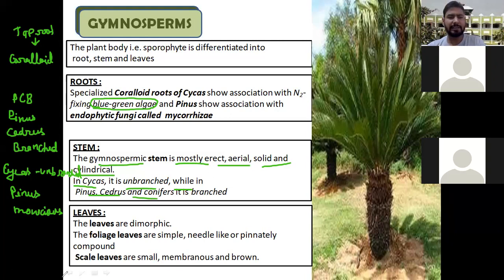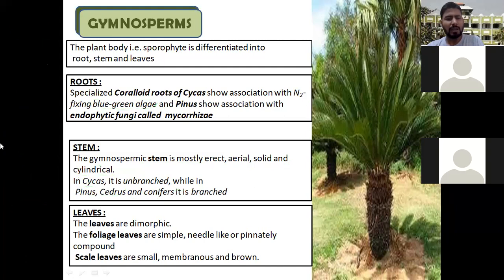Leaves, again, you can see about the leaves of this gymnosperm. Leaves are dimorphic, meaning they have two different types.